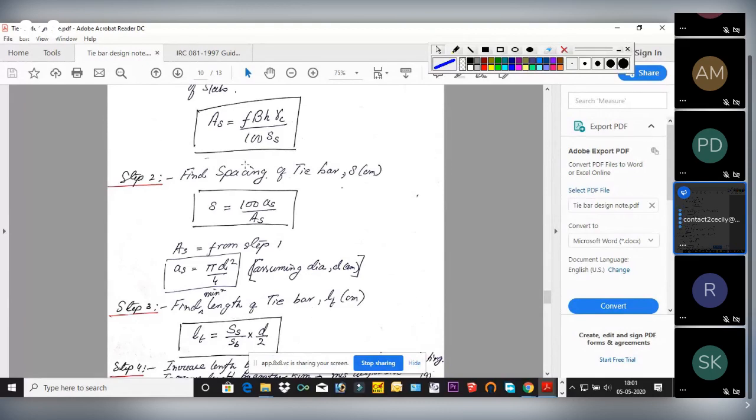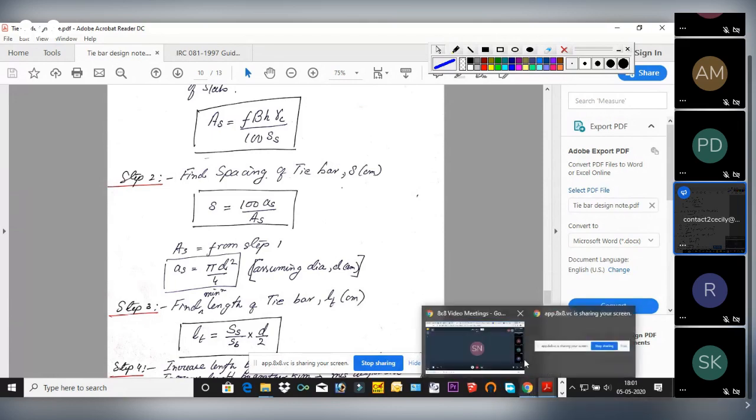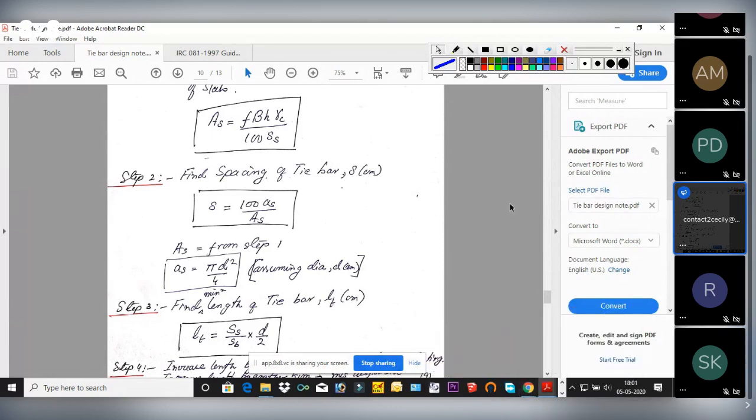These are the formulas. AS is 1.31, that is 1.31 centimeter square.